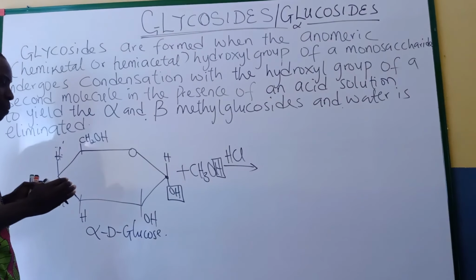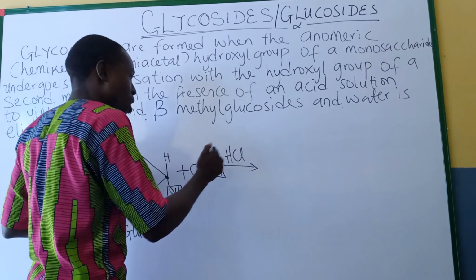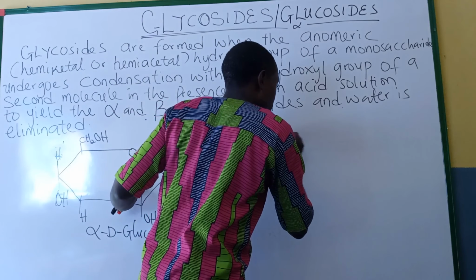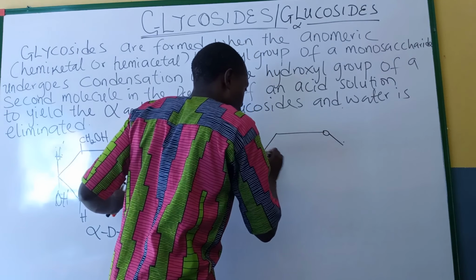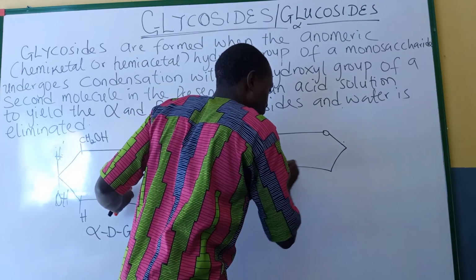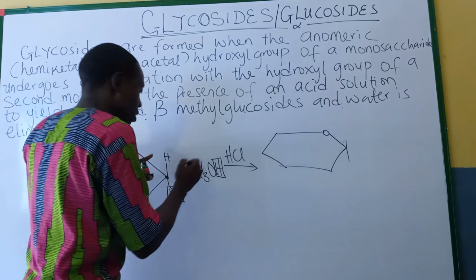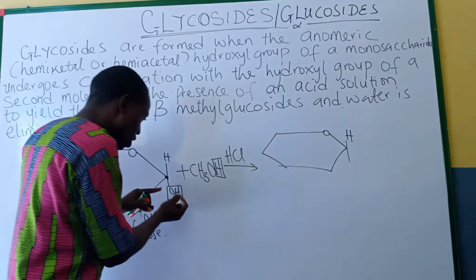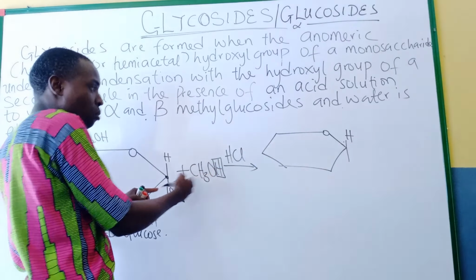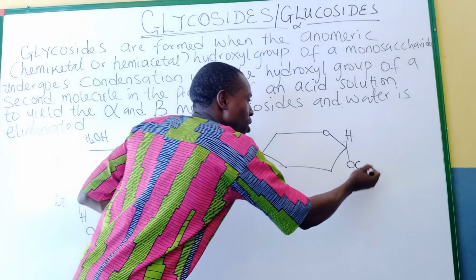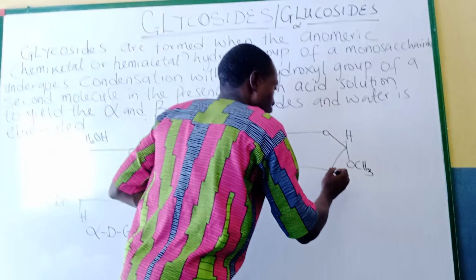So, what will happen when that happens? So, I'll be having, first of all, let's take note. Now, this OH has already gone, plus this hydrogen already out of it. So this one comes in. So I'll now be having OCH3.